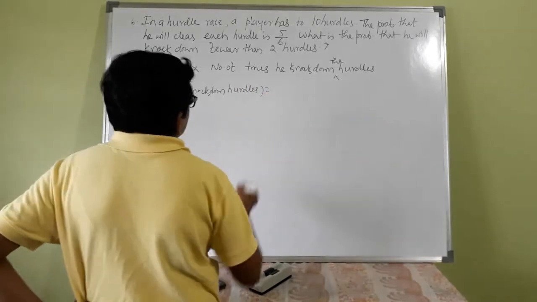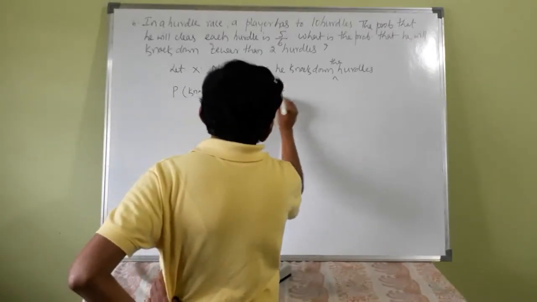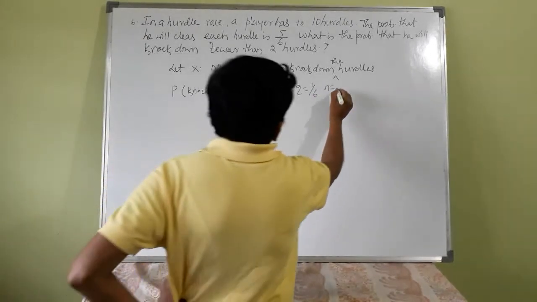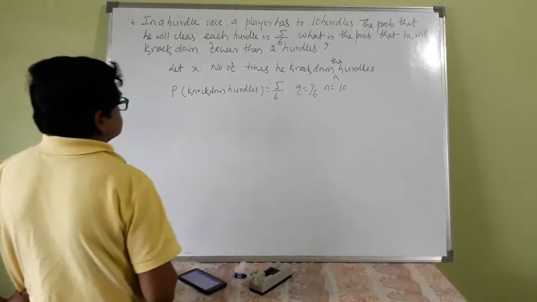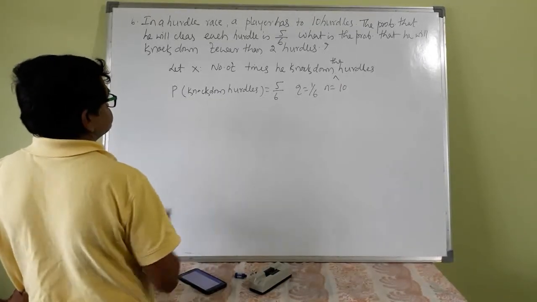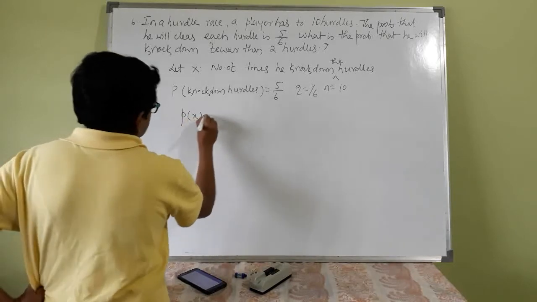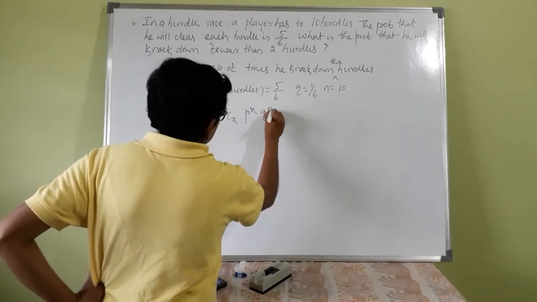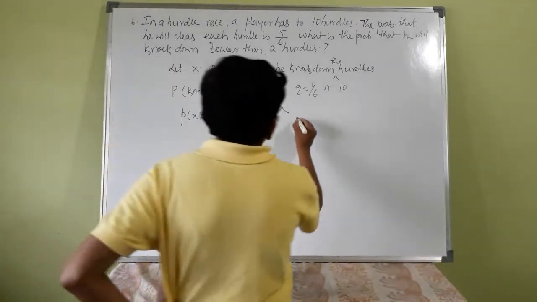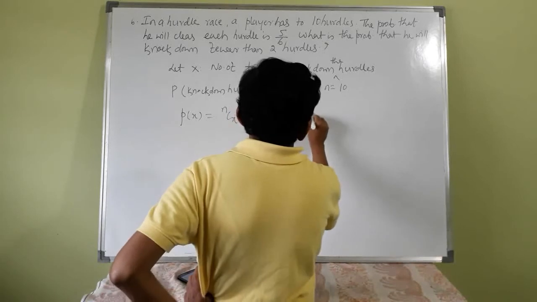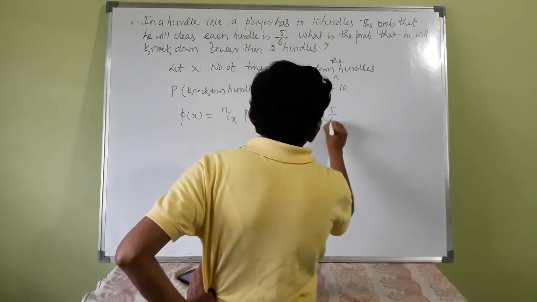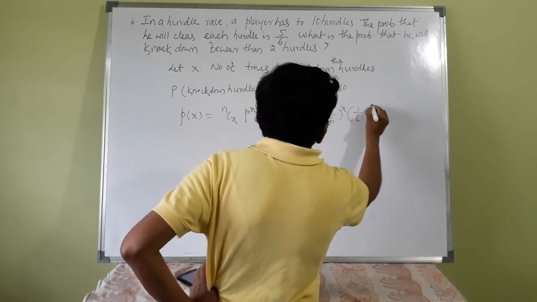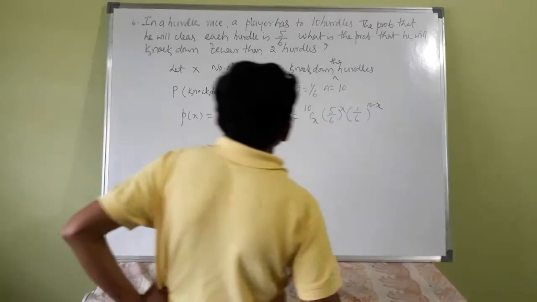The probability of clearing a hurdle is 5 by 6, Q is 1 by 6, and N is 10. So X follows a binomial distribution. So probability of X is NCX P raised to X Q raised to N minus X. That is 10CX 5 by 6 raised to X, 1 by 6 raised to 10 minus X, isn't it?